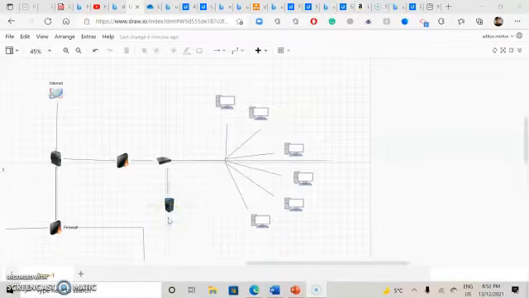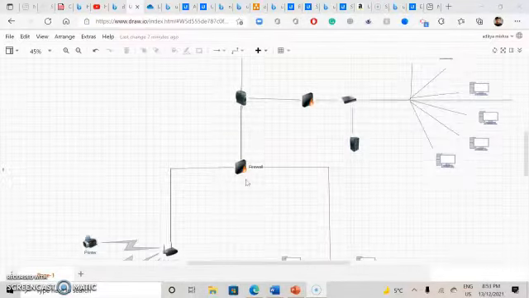And then the server is directly connected to the switch. This is a view of the reception area, and over here we have VLAN trunking. This is VLAN 1, where we have three PCs, and in VLAN 2 we have three PCs.